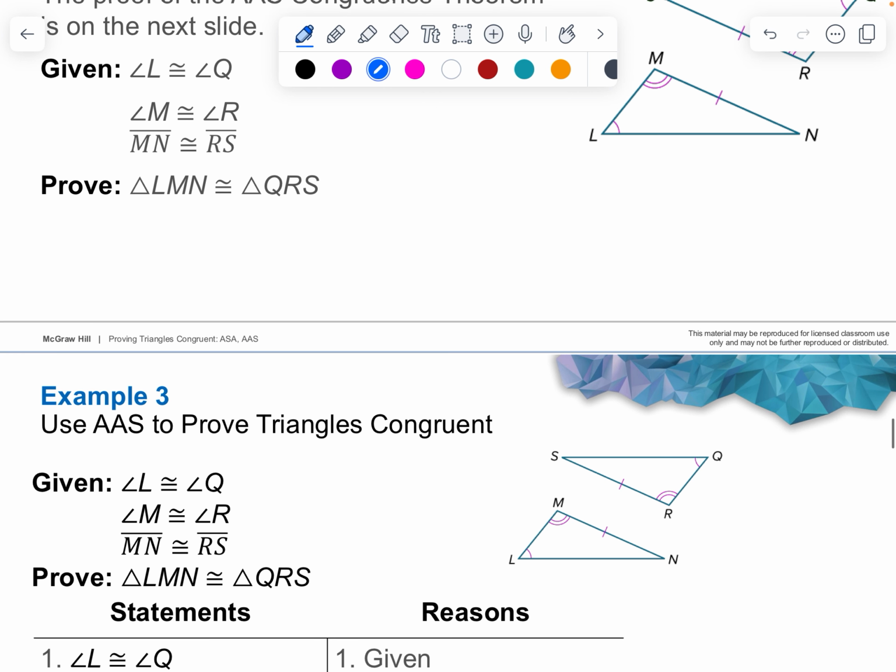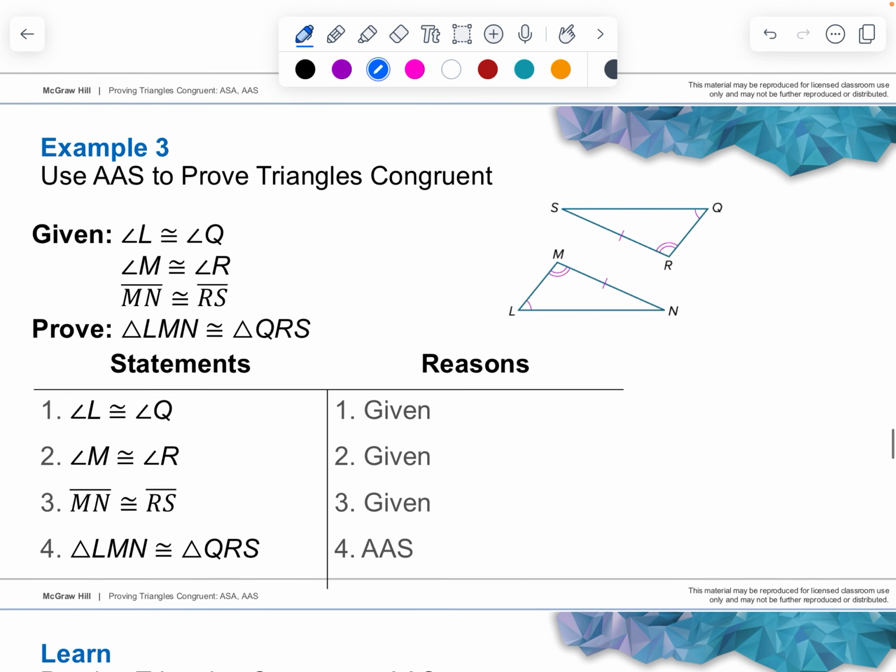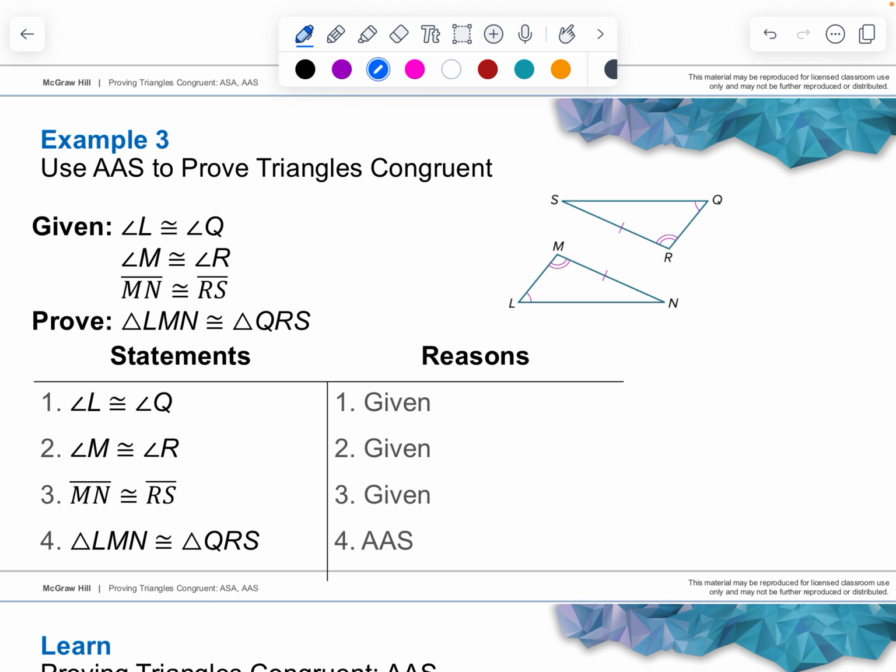And what would that look like? Very straightforward proof. We would write them all in as givens, and then we would write the prove out as angle angle side, because they've already drawn it in for us. Look at that. Oh, I should be in highlight here.